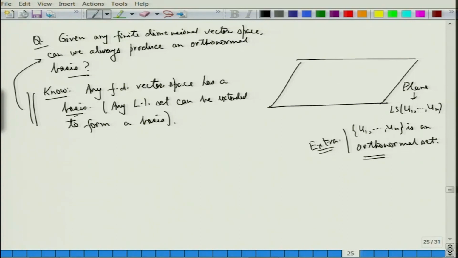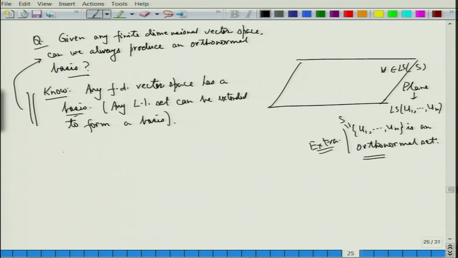Fine. Another thing we are trying to emphasize here is that if there is a vector V inside the set itself, alright, if I have V which is inside LS of S, then I don't have to do anything, everything is inside.